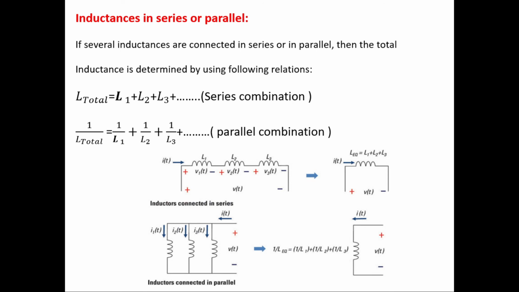If two inductors are connected in a circuit, then we can find the parallel combination of inductances as L equal to L1 L2 upon L1 plus L2. Here you can see the diagrams for inductors in series and inductors in parallel.